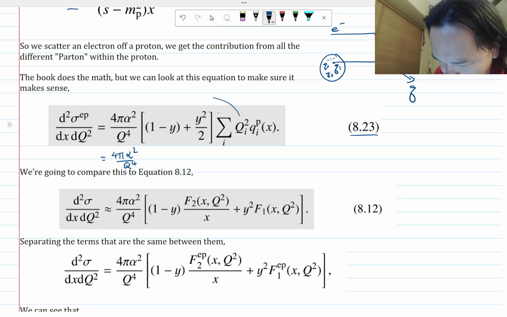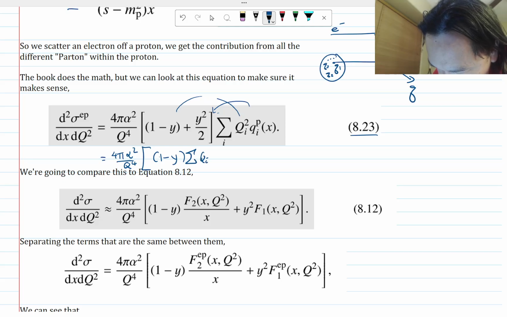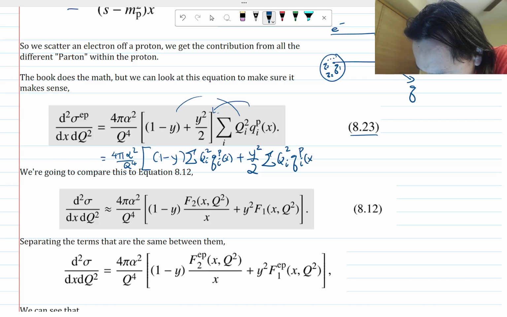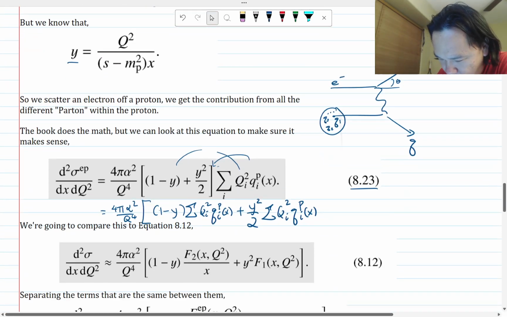I'm going to multiply this into here: 1 minus y, sum of Qi squared qi of the proton, which is just a function of x, plus y squared over 2 sum of Qi squared qi of the proton.